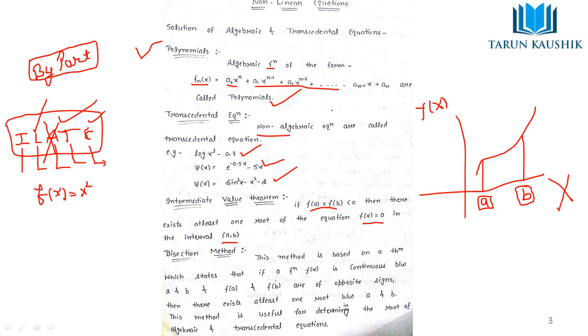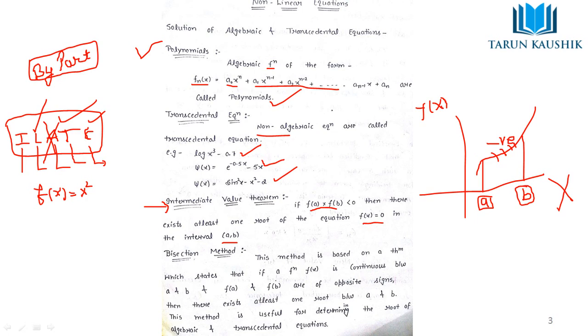So if the product is negative, the root must be lying between these two values a and b. This is known as the intermediate value theorem.